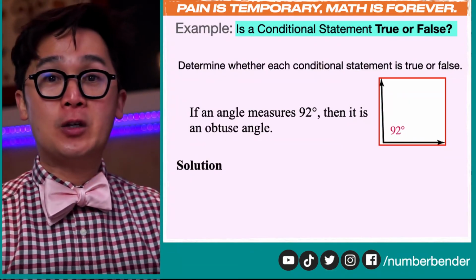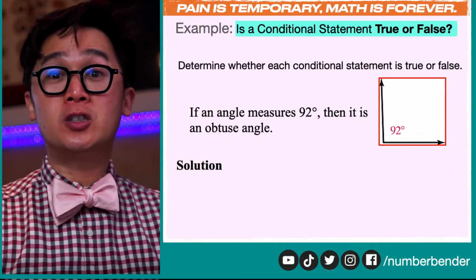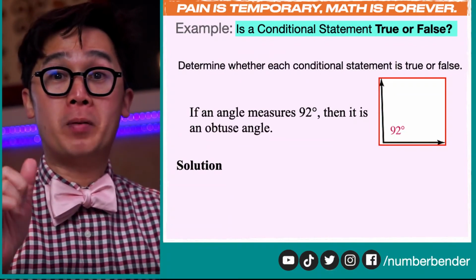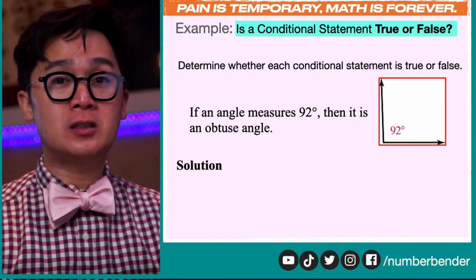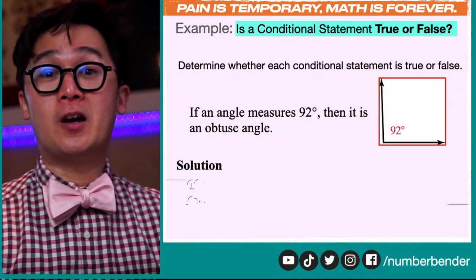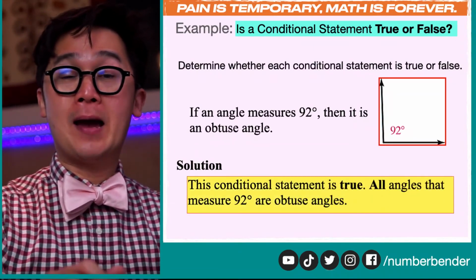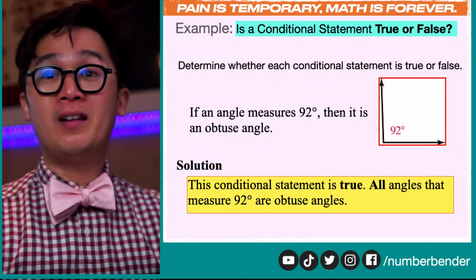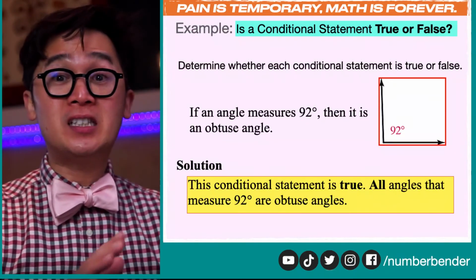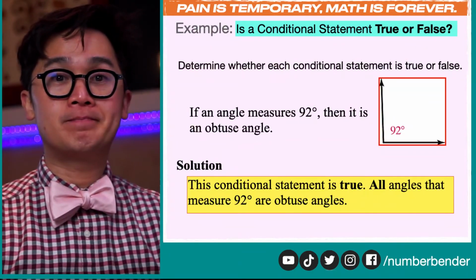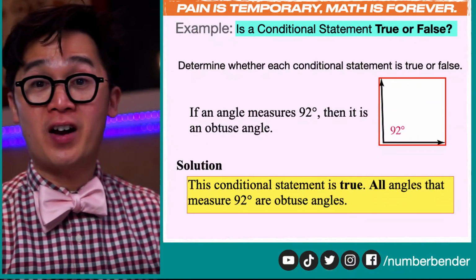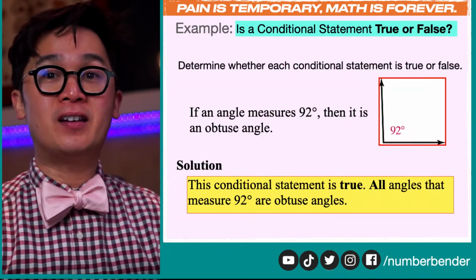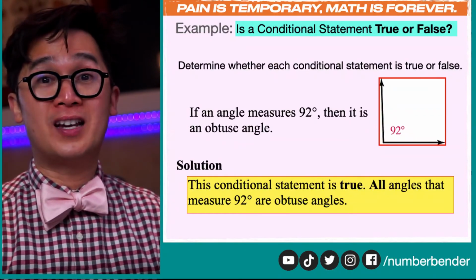Now, can you think of a counterexample where the hypothesis is true, but the conclusion is false? I don't think so. That's why this is an example of a true statement, because all angles that measure 92 degrees can be classified as obtuse angles. So this is a definite yes for a true statement.